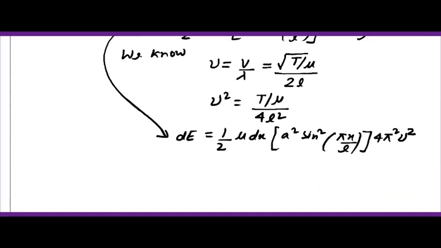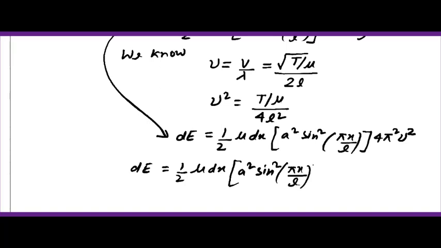Now nu square is equal to T by mu upon 4L square, that means dE is equal to half mu dx a square sine square pi x by L, 4 pi square, times T by mu upon 4L square.